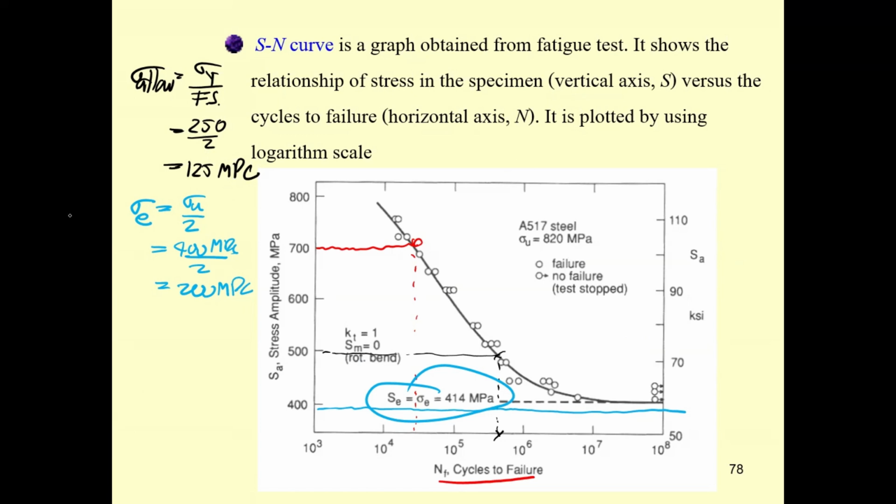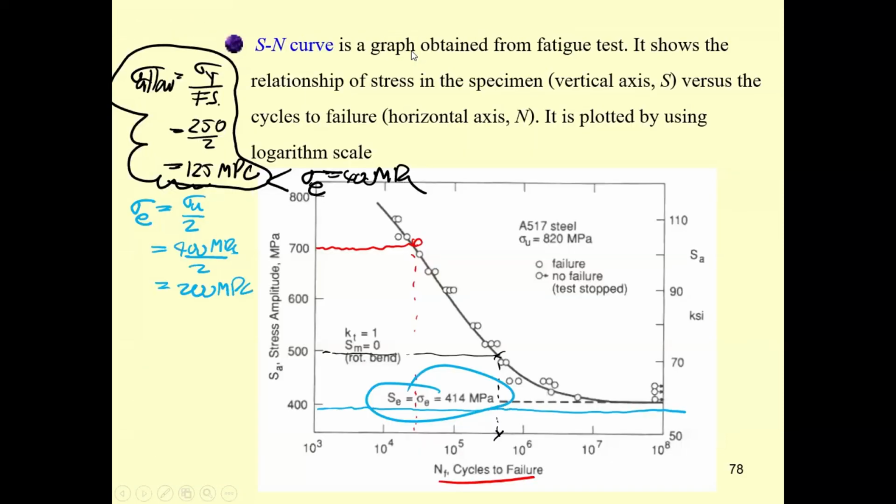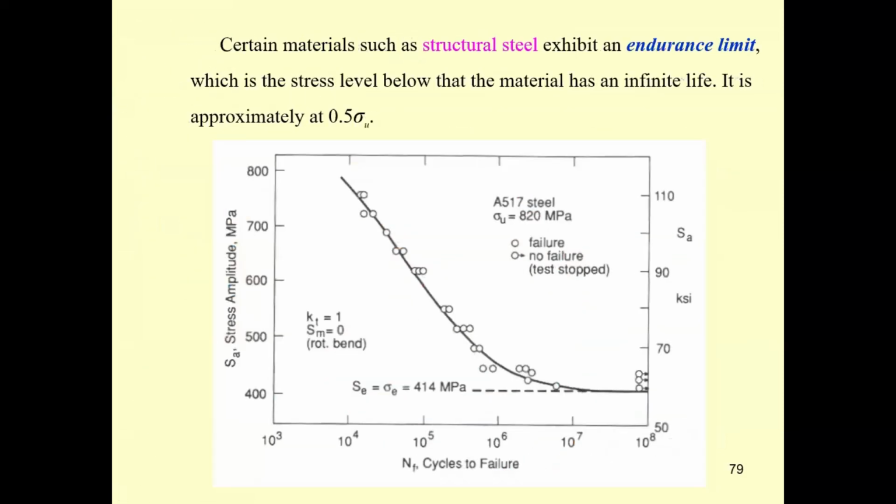Most of the time, because the stress that we use during the working condition is smaller than the endurance limit of 400 megapascal. So in our civil engineering, what is important is going to be involved with the welding point. Okay, and that's going to be the main issue for this one. Whenever the stress is less than the endurance limit, our structural steel can take an infinite number of repeated cycles.